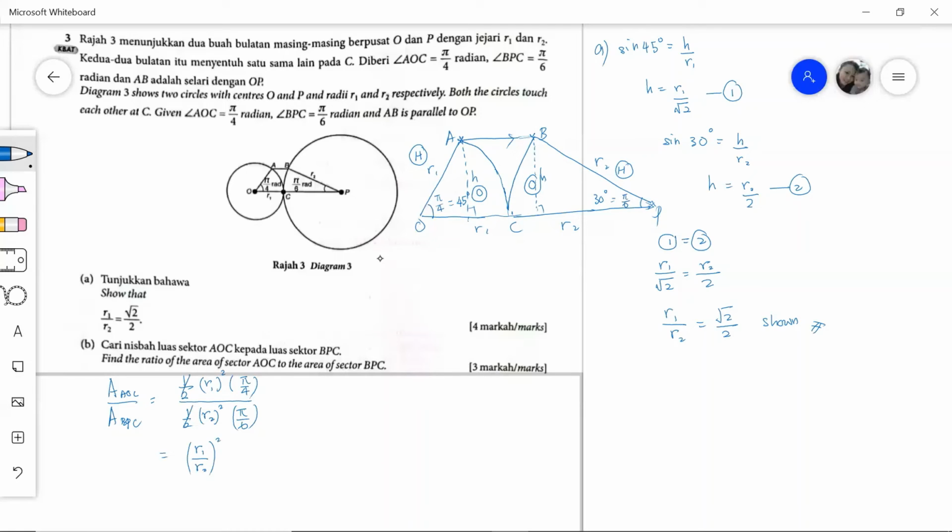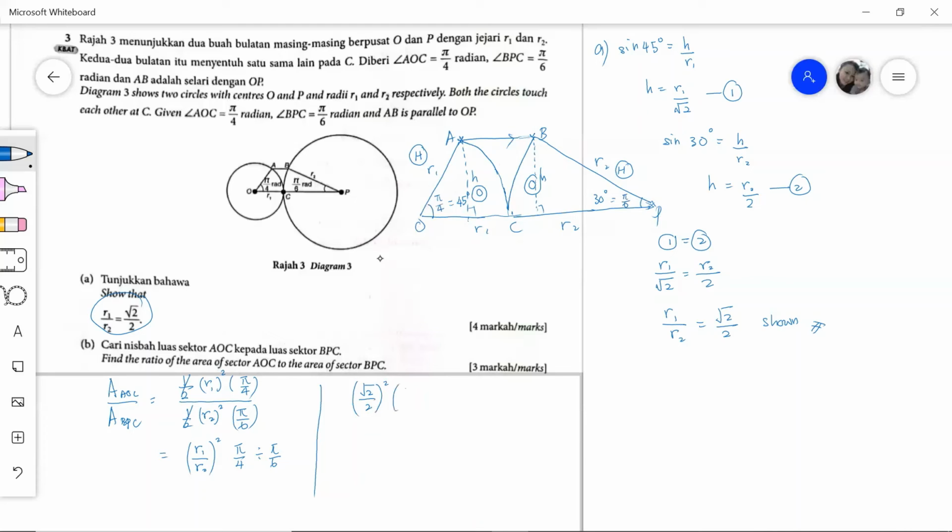We factorize the index 2, and then pi over 4 divided by pi over 6. Therefore, we will have R1 over R2, which is given over here, as surd 2 over 2 squared.